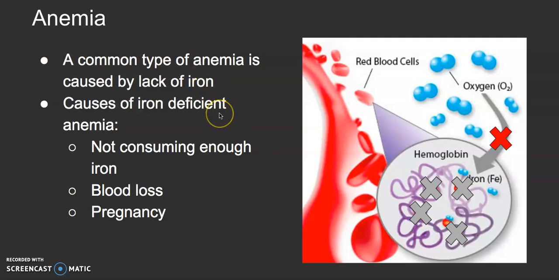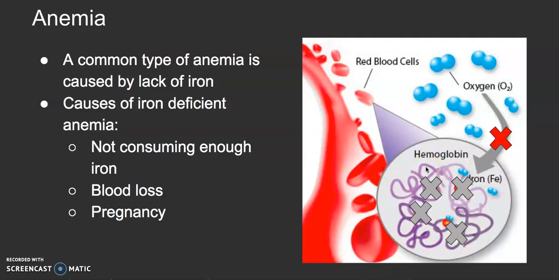There are several causes of iron deficient anemia. One is just not consuming enough iron. This is common in vegetarians, for instance. Massive blood loss. So, say you're in a traumatic event like a car accident, you lose a lot of blood. It means there's a lot of iron leaving you because those red blood cells have iron in the hemoglobin.